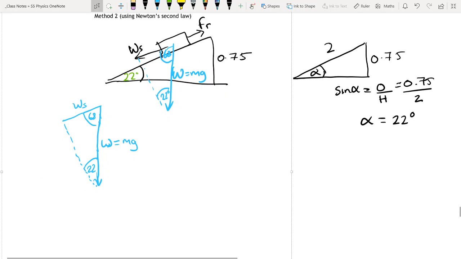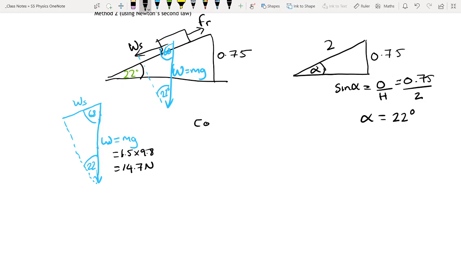So we need to find the component of weight down the slope. The weight is mass times gravitational field strength. The mass was 1.5, so 1.5 times 9.8, which is 14.7 newtons.